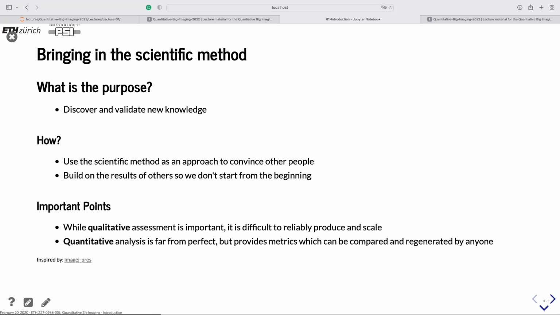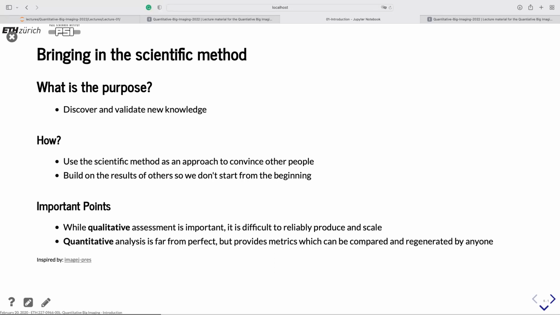And it is, of course, important to have qualitative information. But that is, first of all, very difficult to reliably produce and scale in larger data sets.